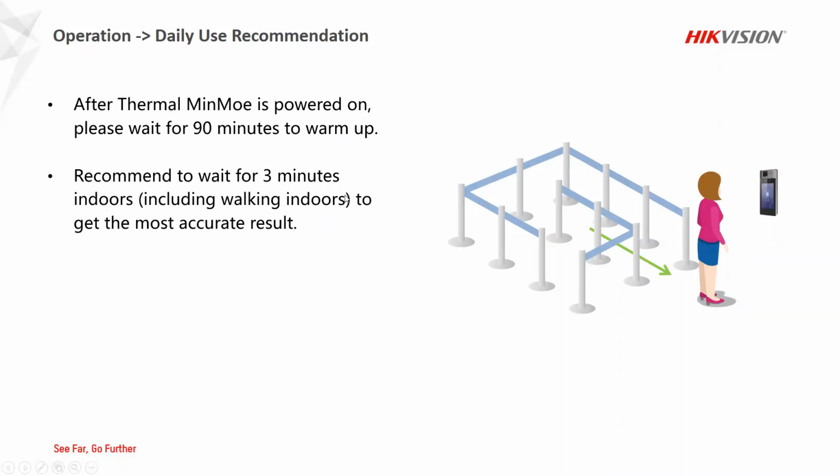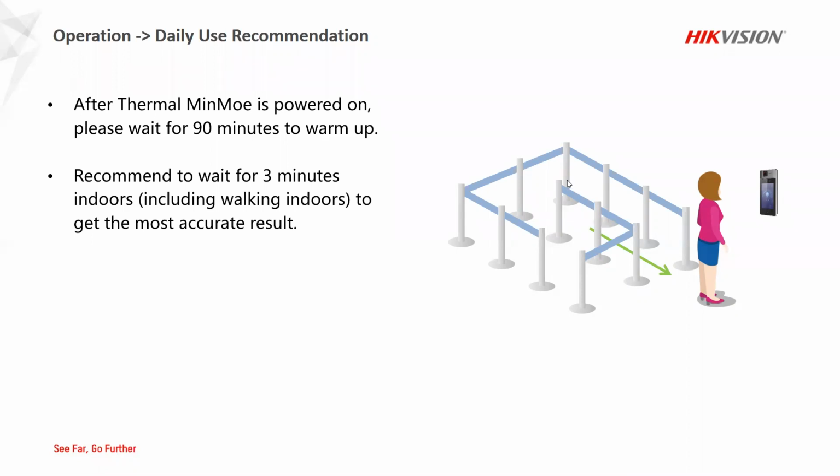And also, because the temperature of the person will be affected greatly by the outdoor environment, if someone walks into an office from outside, and if he or she is cycling to the office, for example, their temperature will not be at a normal level.